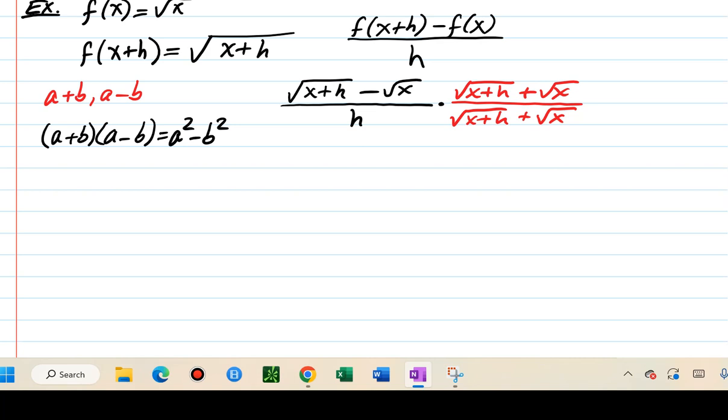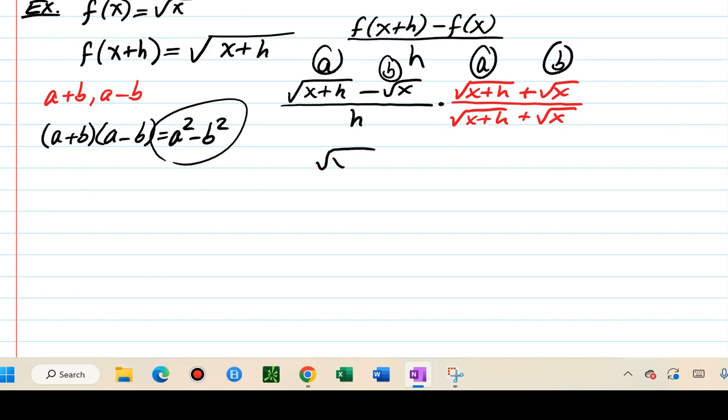So this is like a, and here is b. This is a, and here is b. All right, and the result is going to be a squared minus b squared, correct? So I'm just going to square root of x plus h, minus root x squared. That's a squared minus b squared.